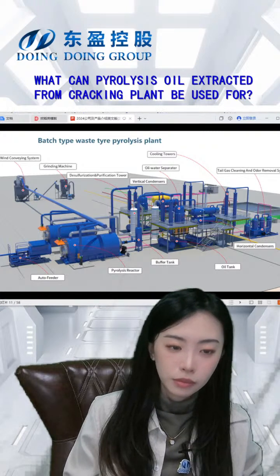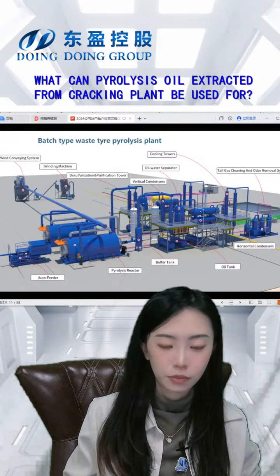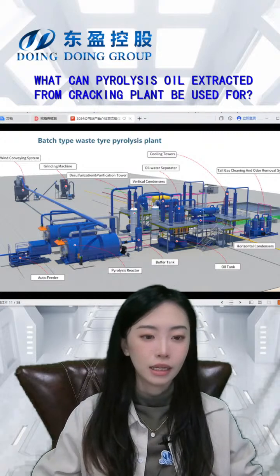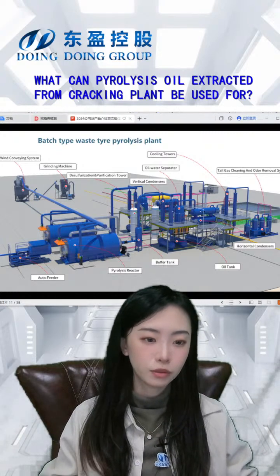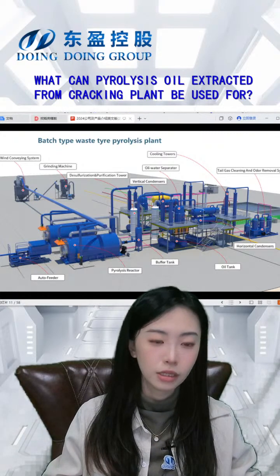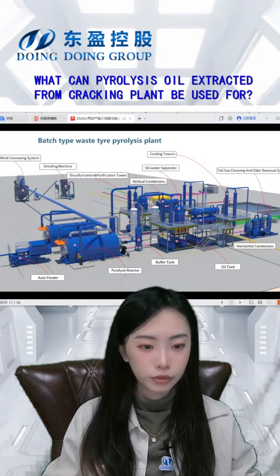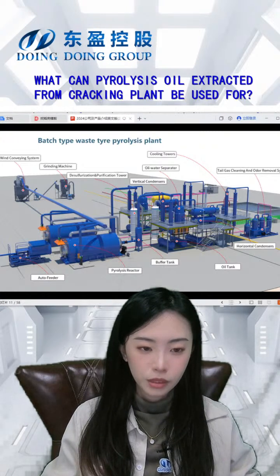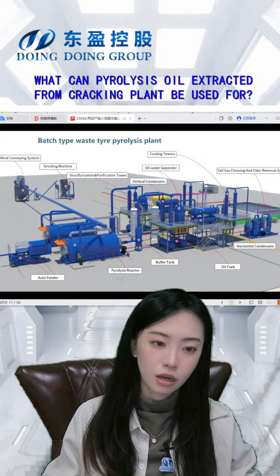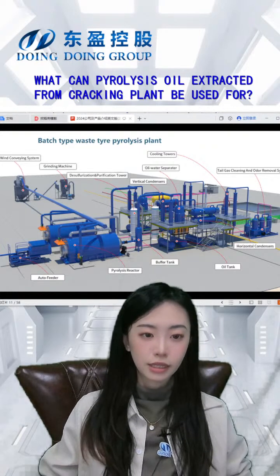The main pollution that we need to deal with is the gas. We don't have other pollution like chemical pollution, water pollution, soil pollution, and so on. The water we use is all recycled in the condensation system.